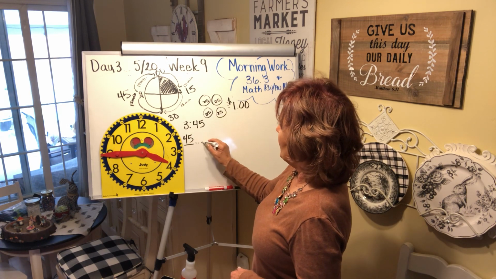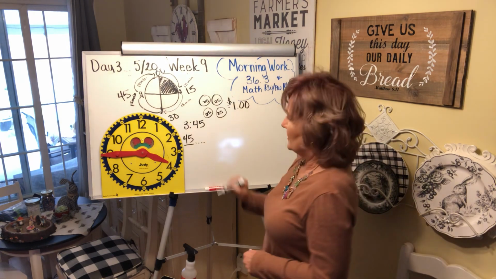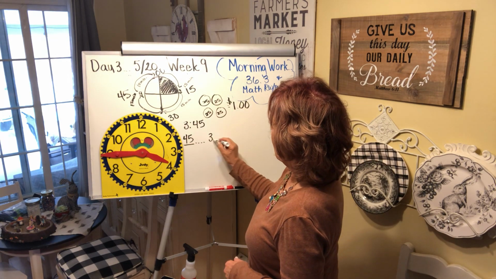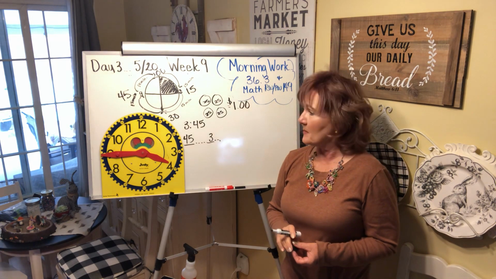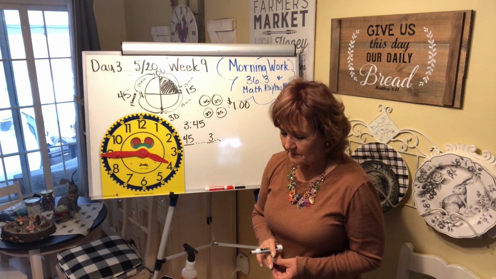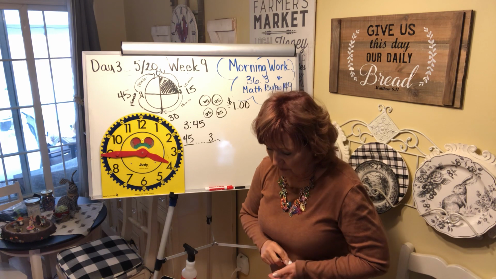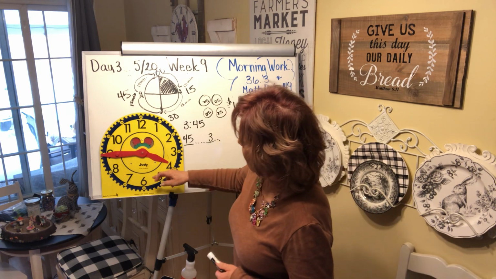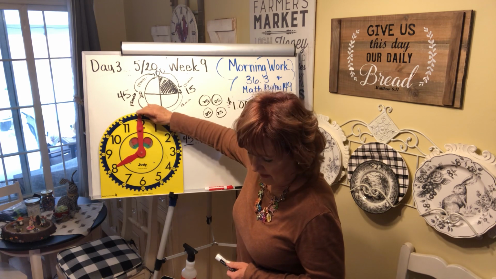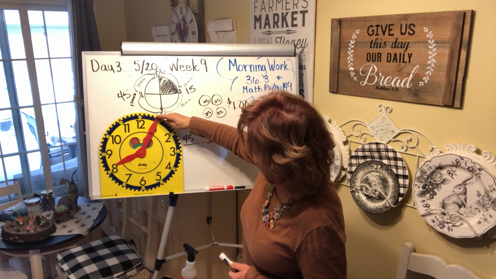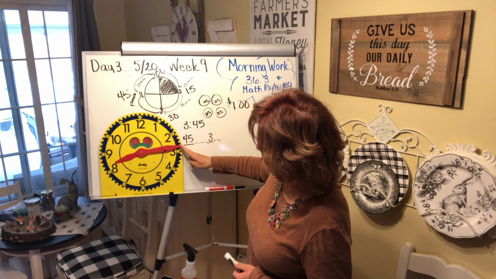And what would you write? 45 minutes after 3 o'clock. Those are your answers, right? Okay, let's look at number 3. It looks like it was 8 o'clock, and the minute hand has gone to the 3.